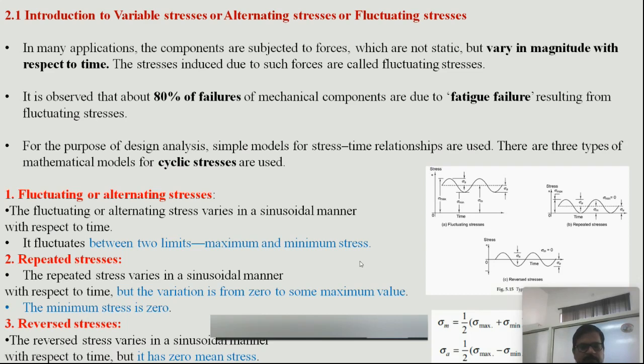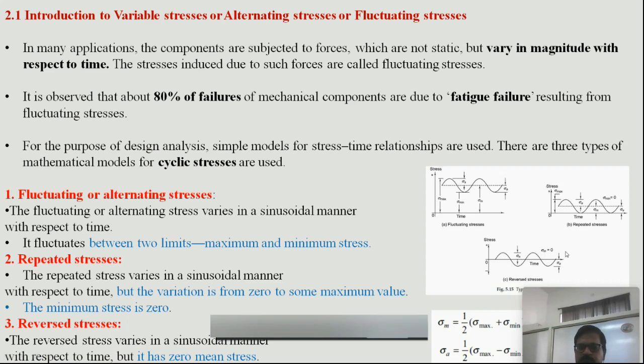And the third one is reversed stresses. That means there will be a positive value of certain magnitude, and after that there will be the same magnitude of negative value, and this will continue.